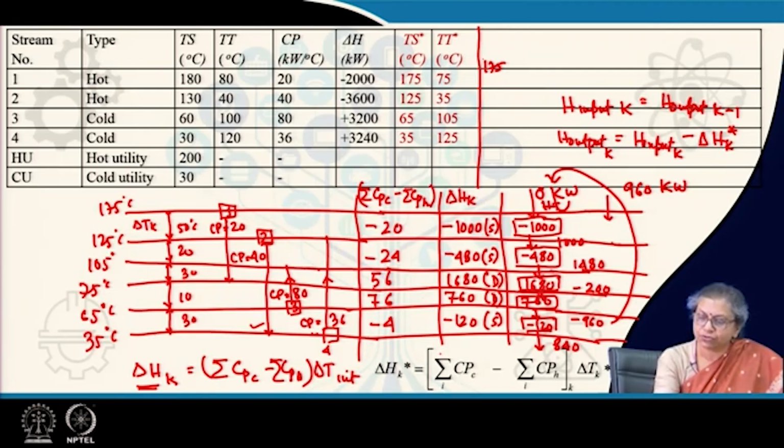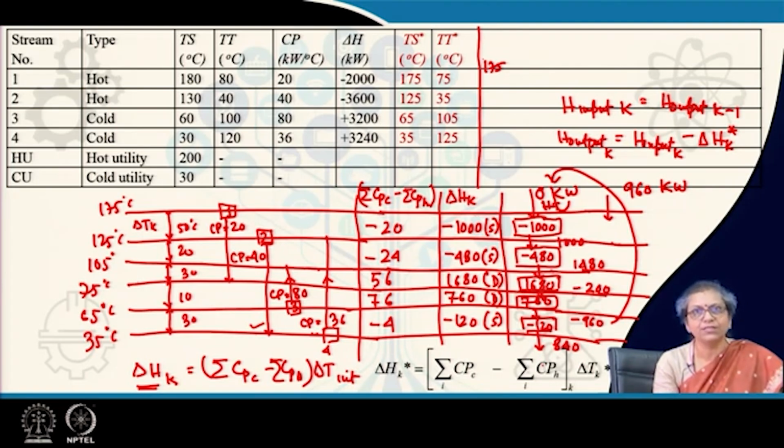Just when I introduce the maximum negative from the top, I ensure that there are no negative heats being conducted down the line. So I have ruled out all sorts of thermodynamic infeasibility, and I ensure that whatever heat is coming down from the top to bottom has either a positive sign or a 0 sign.